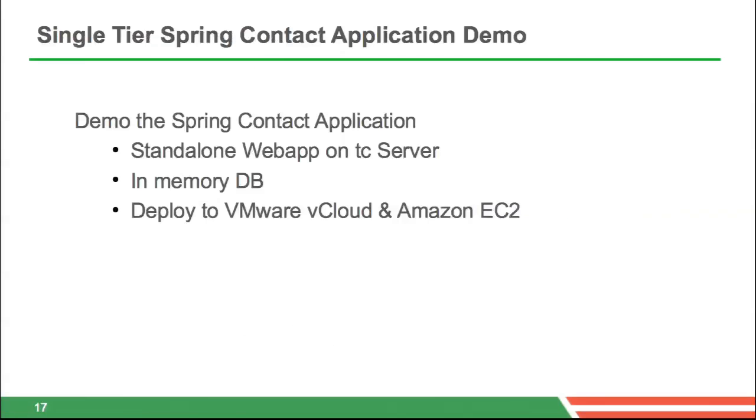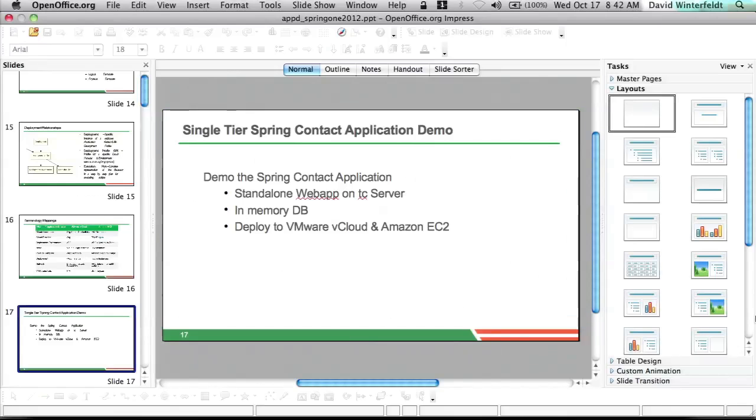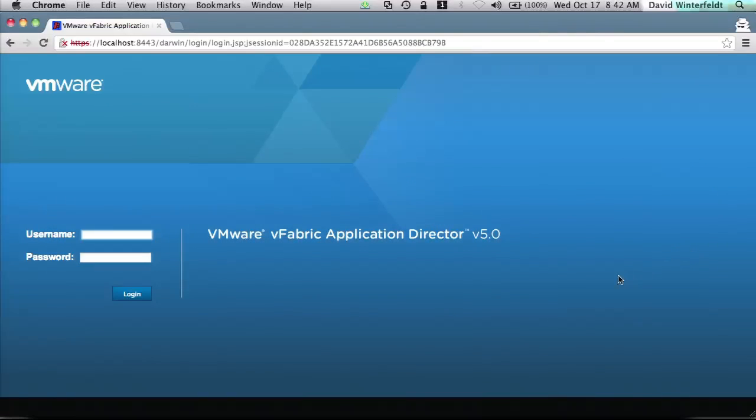Okay, I'm going to jump into the demo. So we'll be deploying the Spring Contact application with the in-memory DB on tc Server. So I'll just log into the application.